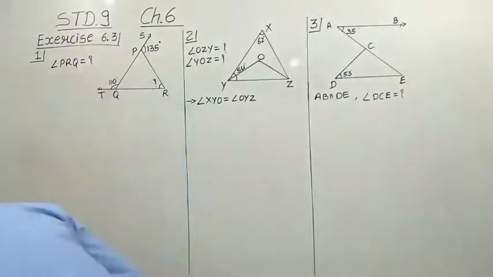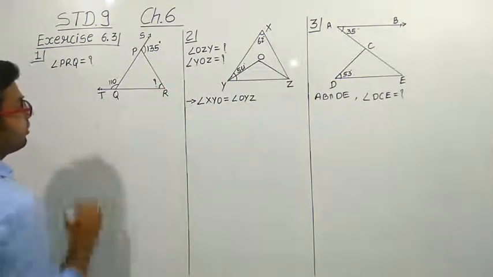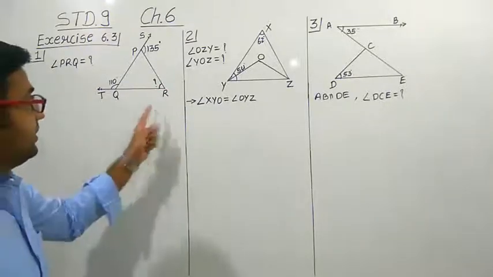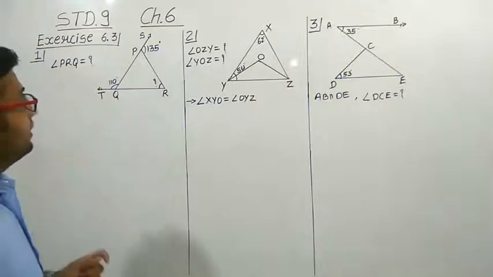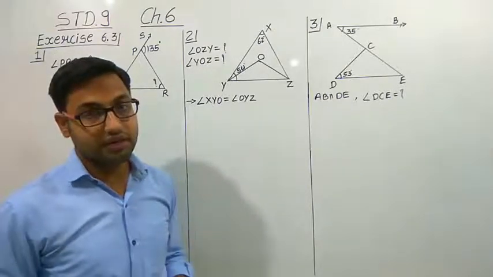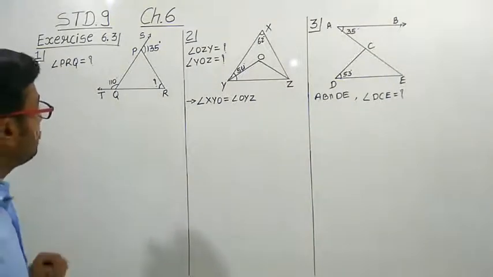Let us notice that this angle is one of the interior angles of the triangle, but both the angles given here are exterior angles, right? So we can solve this sum in two ways.